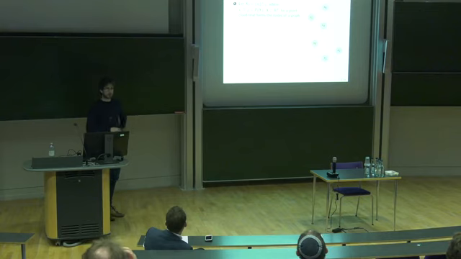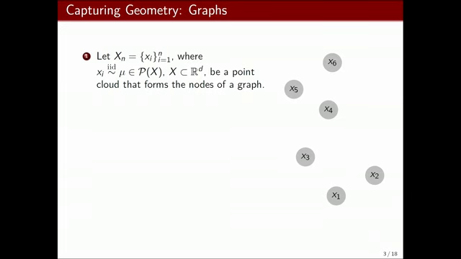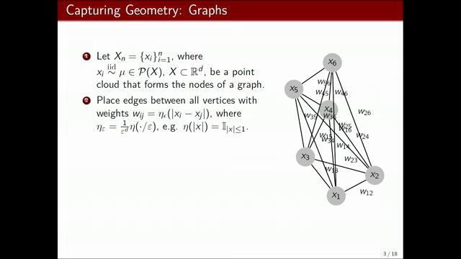So how do we do this in a rigorous framework? We will use the random geometric graph model. In this model, our data set x_i, i from 1 to n, become the nodes of a graph. Between each pair of nodes we put an edge, and we weight this edge according to some function eta_epsilon. I'll return to this epsilon later, but it is a length scale.